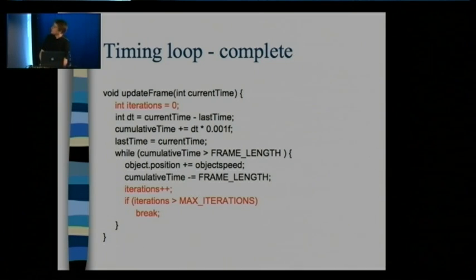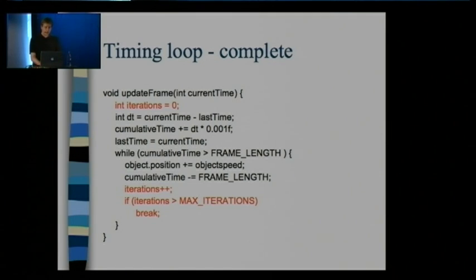So you basically just decide that you will not do more than, let's say, 10 iterations of the update loop. This might mean that your demo will not look correct, but at least it will not crash. And this is more just like a fail-safe for this kind of eventuality.